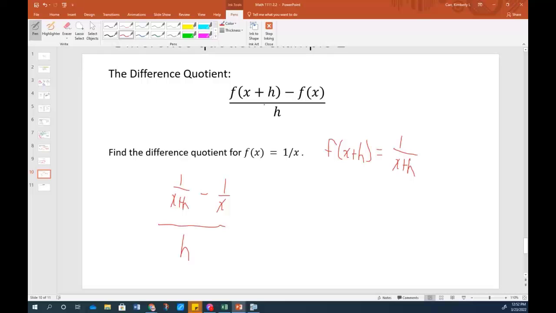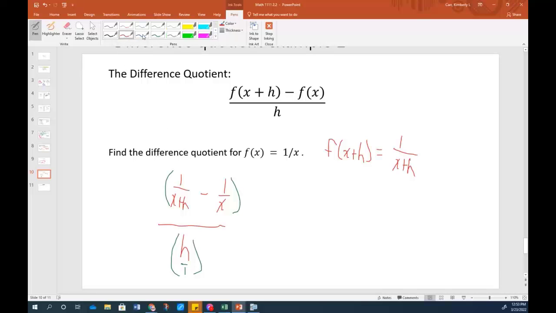Now, how you clean this up, there are different approaches that you can take with how to apply to complex fractions. I'm just going to try to do one that I think you will understand. I'm going to take this h and write it over 1. So now I have the numerator divided by the denominator, but the denominator is a fraction.